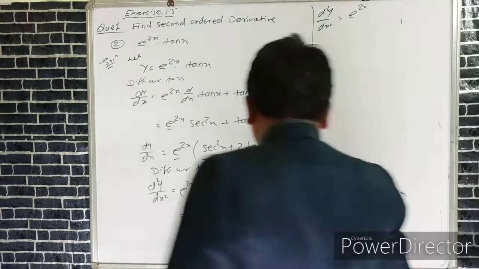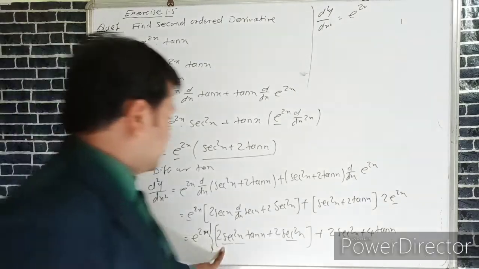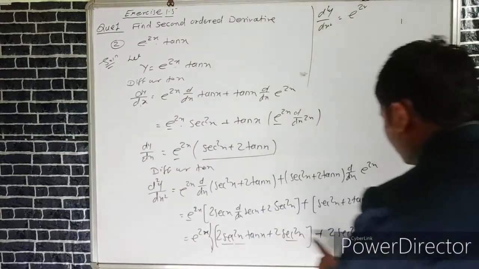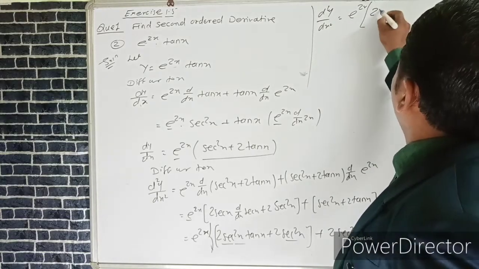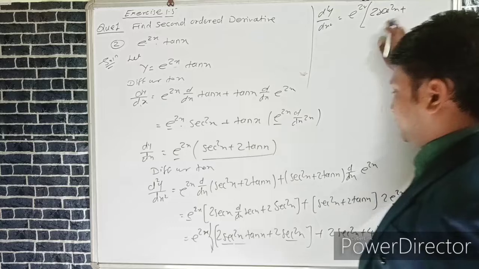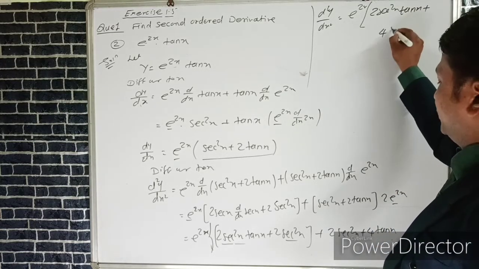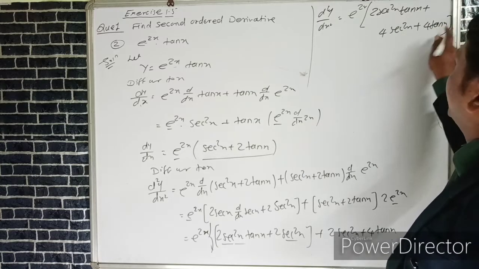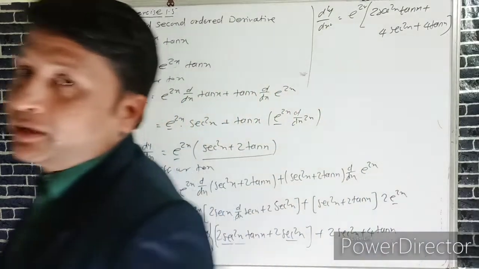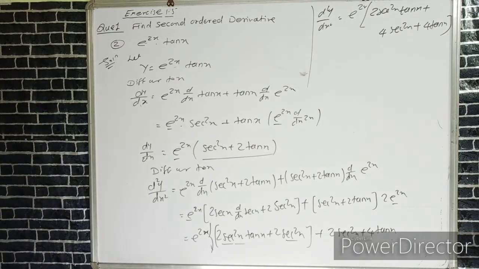If we take sec square x common, 2 sec square x plus 2 sec square x is 4, so we can write e to the power 2x into 2 sec square x tan x plus 4 sec square x plus 4 tan x, which is the required second order derivative of the given function, d2y upon dx square.